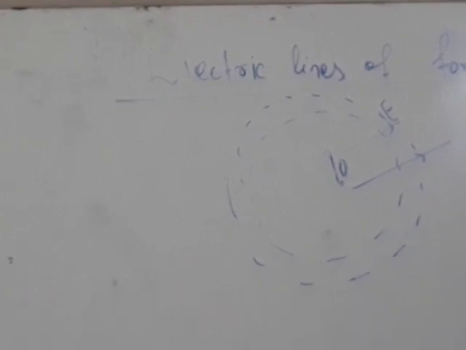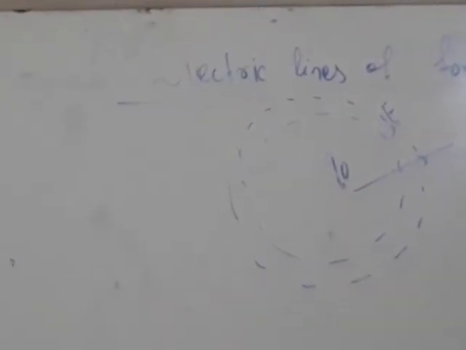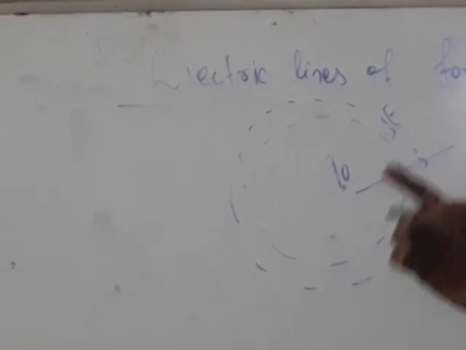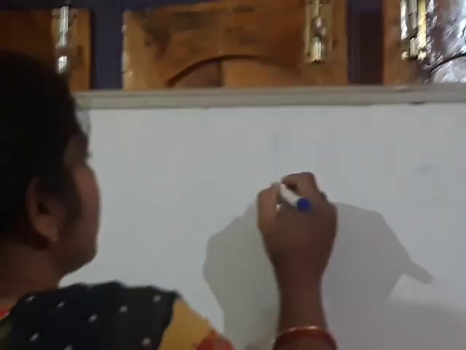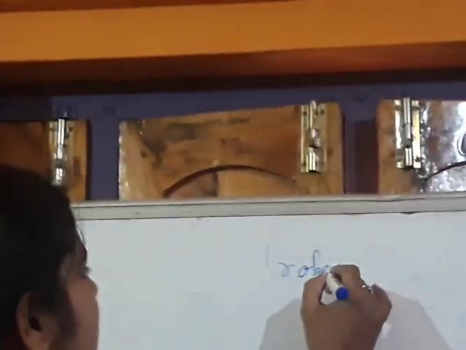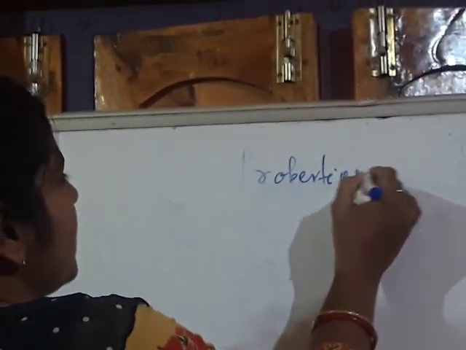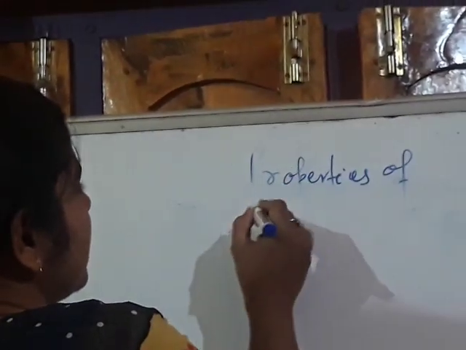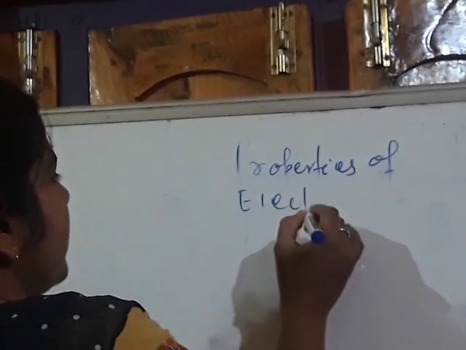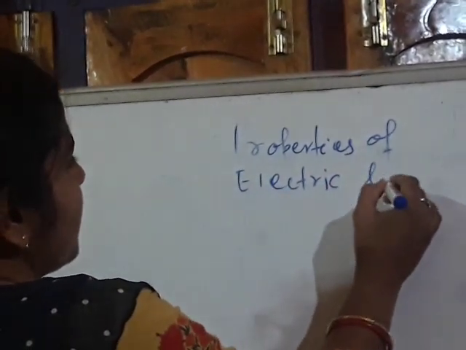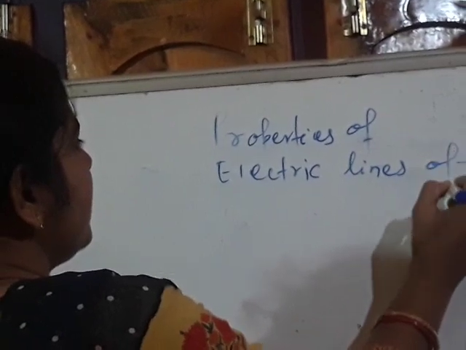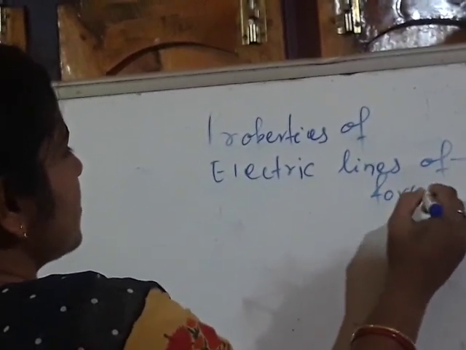And we can say that the electric field intensity can give both the magnitude as well as the direction. Now we have to discuss various properties of electric lines of force.